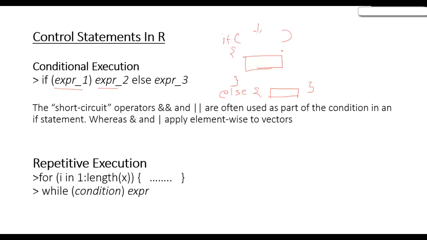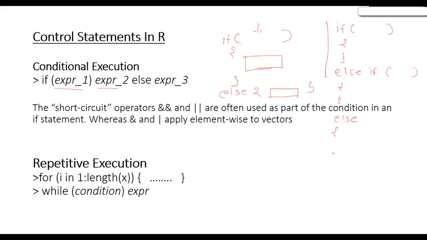Also, we have an if-else ladder that we used to have in C language. So if, then the code for the if, then else if with a condition, and the code for the else if statement, and then finally else.